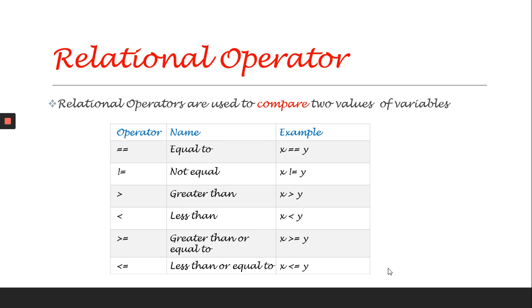That is x double equal to y in combination with if will be checking whether x is equal to y. Similarly, we have not equal to, greater than, less than, greater than or equal to, less than or equal to. Generally, all these relational operators are used in combination with the if conditional statement.